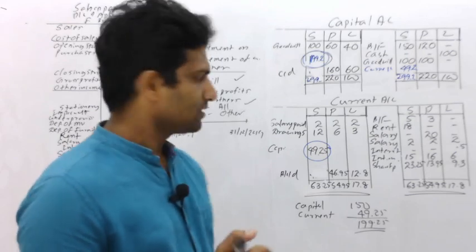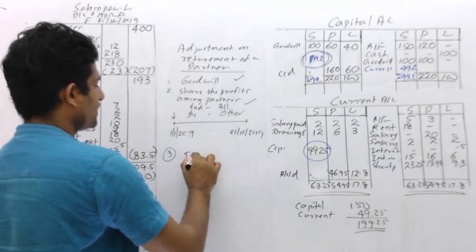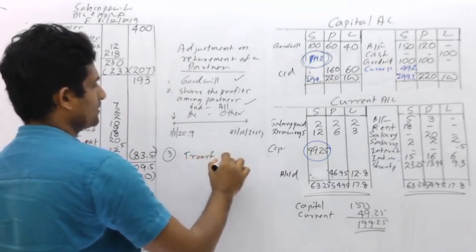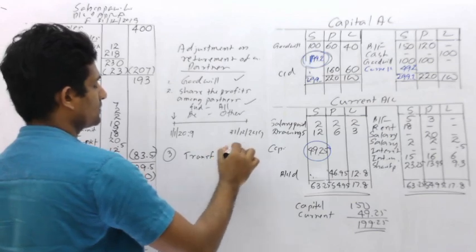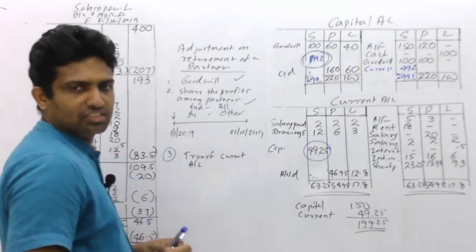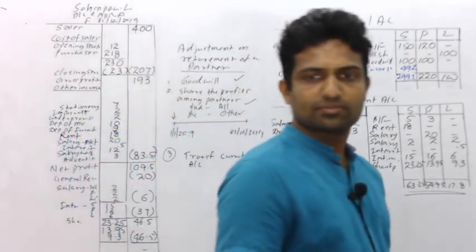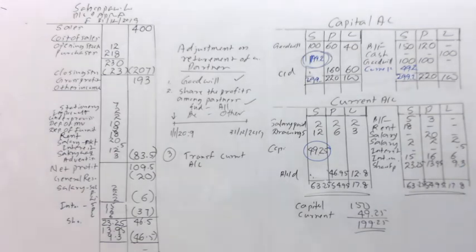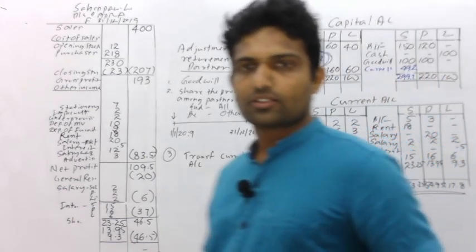Third one: transfer the current account balance of the retired partner to his capital account.